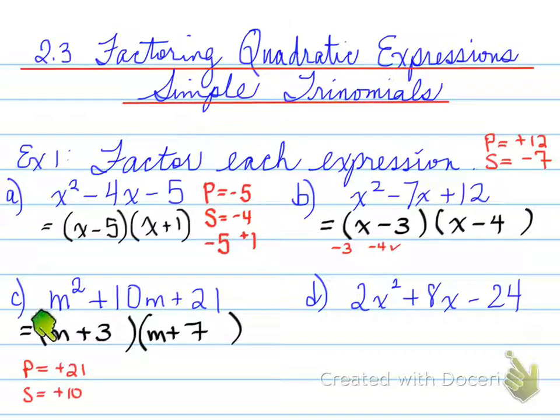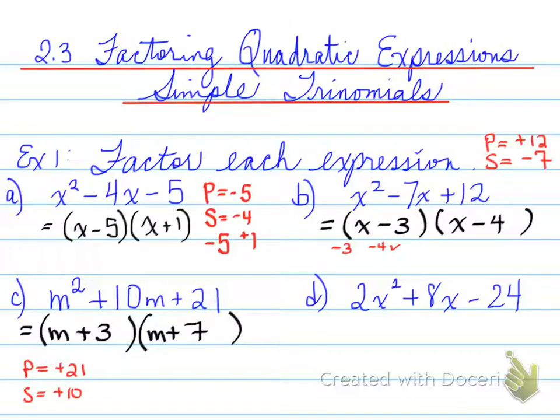When you foil it out, when you expand it out, m times m is m squared, m times +7 and m times +3 is +10m, and +3 times +7 is +21. So what you're looking at here, folks, is being able to expand it to look like this. And this is what we want.